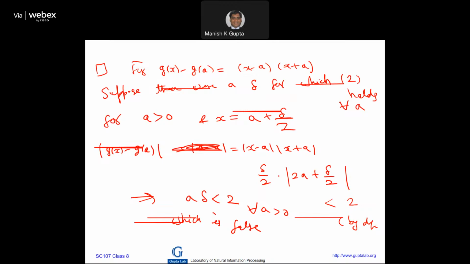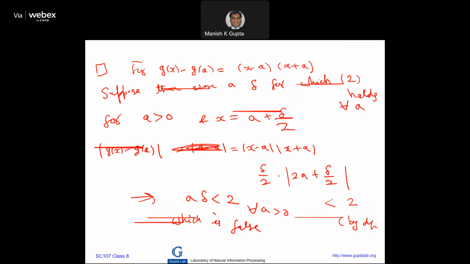So basically the point that I want to say is that the function g of x is equal to x square is not uniformly continuous. So I am showing you that. Normally, whenever we are looking at the continuity definition, delta depends not only on epsilon but also on the point a under consideration. That was clear by that example, right?